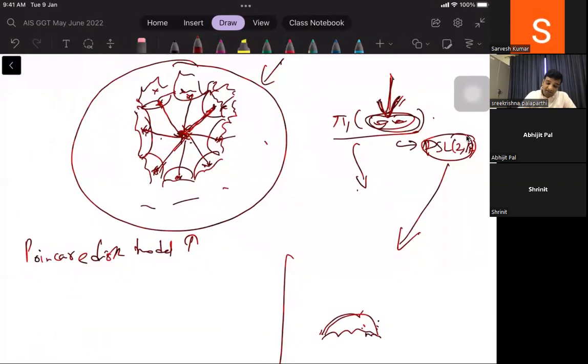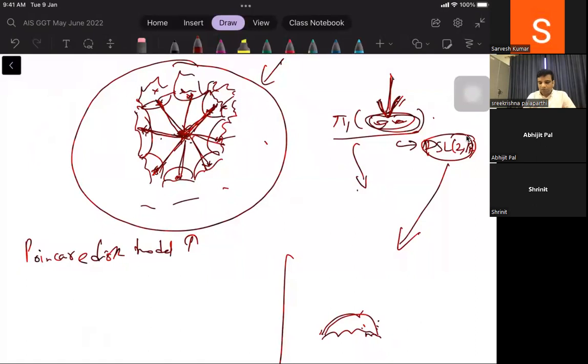In fact, the generating set is going to be precisely the elements which move a vertex to a nearby vertex in this kind of dual graph.